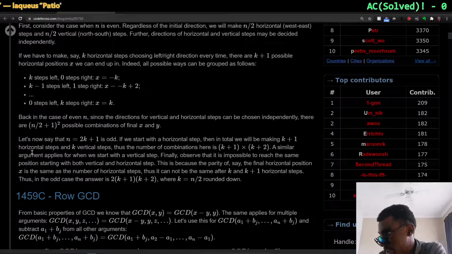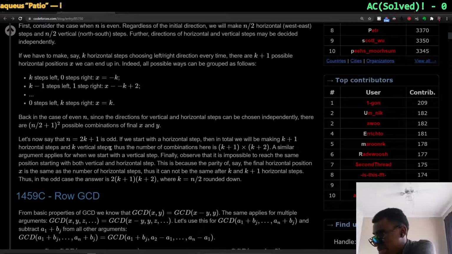And now let's say that n is equal to 2k plus 1, which is odd. If we start with a horizontal step, then in total we will be making k plus 1 horizontal steps and k vertical steps. Yeah, okay, I get that.